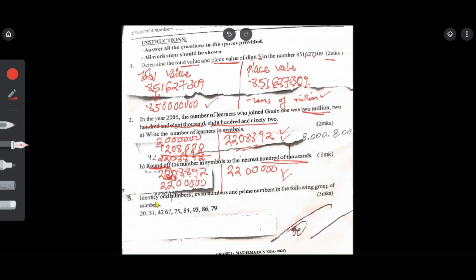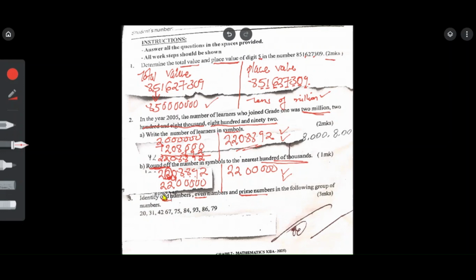Then the next one, I hope I'm not moving very fast. I want us to at least compress this work in one session. So the other question is to identify the odd numbers, even numbers, and prime numbers. Before we start to identify, we need to ask ourselves, what are odd numbers?